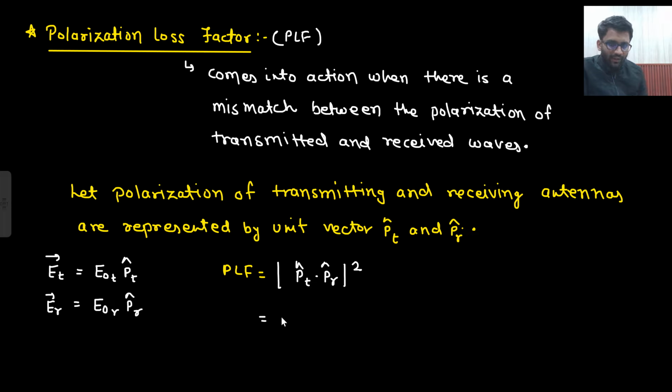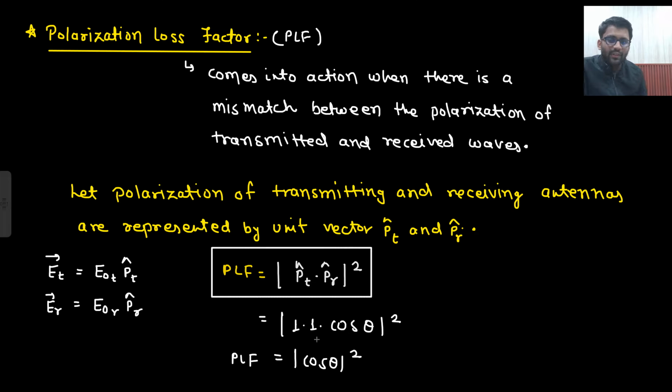Can you let me know how I can write it down? What will be the dot product of two unit vectors? Magnitude 1 and the angle between them. So what will be the answer? Cos squared theta. This is my polarization loss factor. So there are two formulas of polarization loss factor. This is the first one. This is the second one.